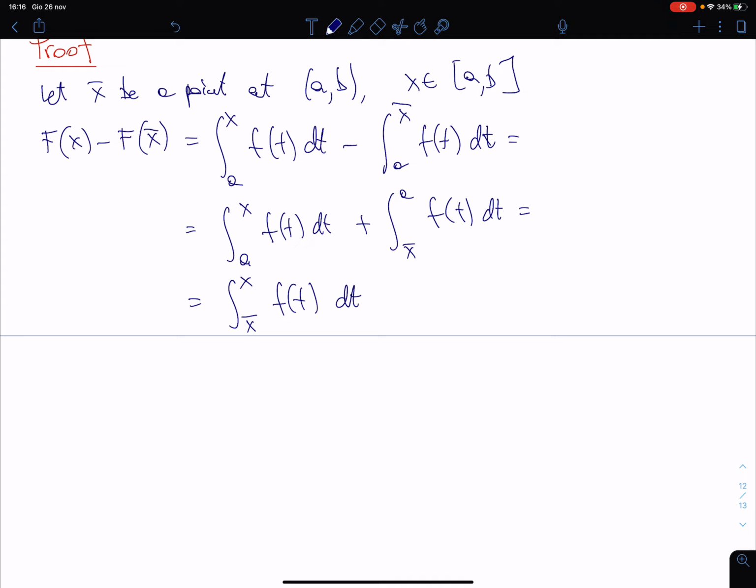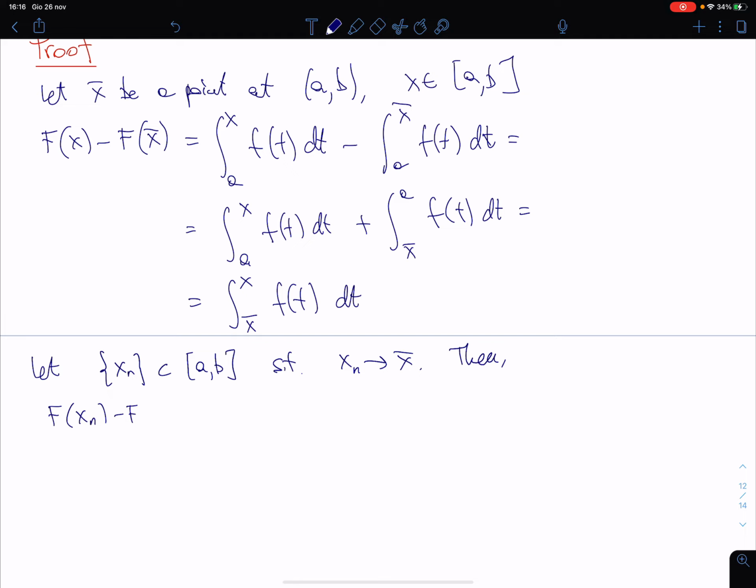So let x_n be a sequence in AB such that x_n converges to X bar, then we have that capital F of x_n minus capital F of X bar, according to the formula we found here, is equal to the integral of f between X bar and x_n of f of t dt.